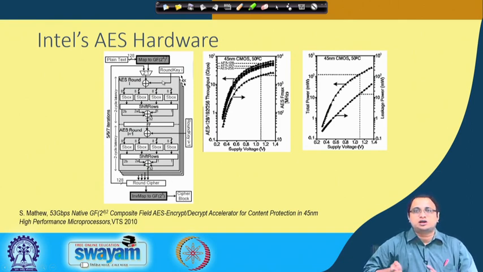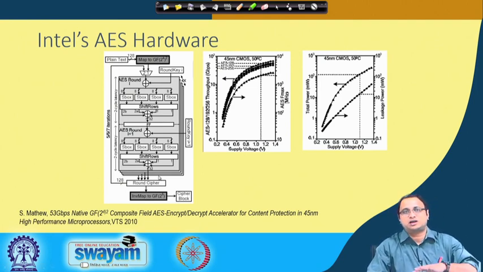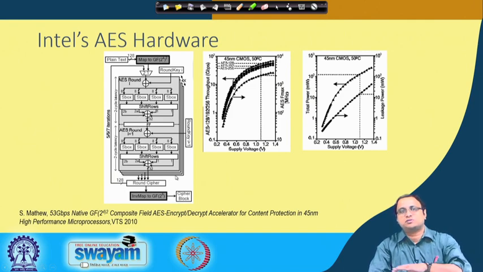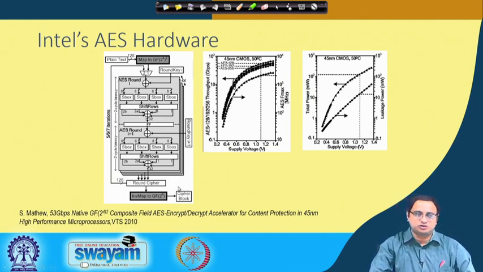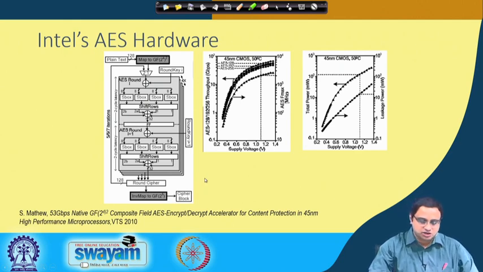So, you are not doing any intermediate transformations; you are representing the entire AES in composite field. As we have discussed, the mix columns and the affine transformations for subbytes are all transformed into composite fields. So, the entire operation is done in composite field. That gives an opportunity for a very high throughput AES implementation, which can be realized in our Intel processors.